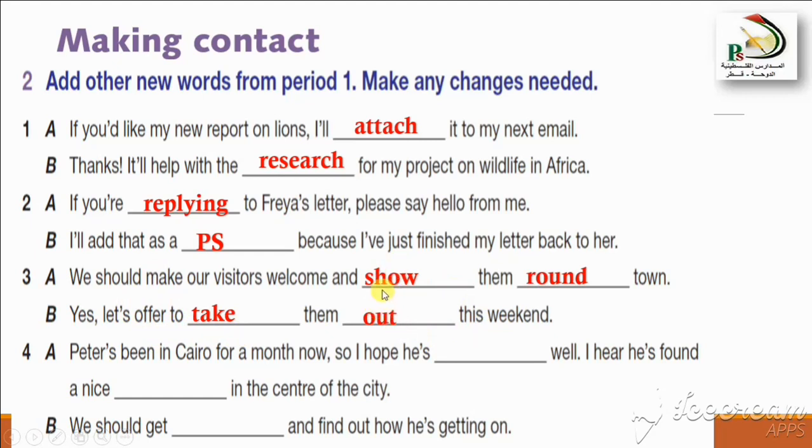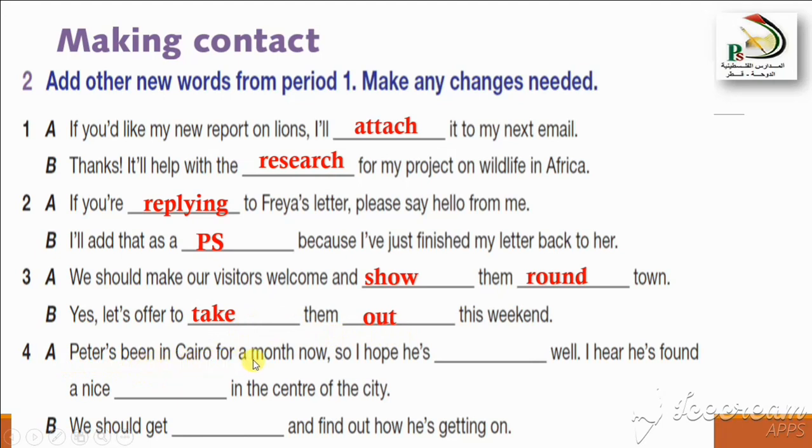So these 2 vocabulary mean that show them round, when you make visitors look at the new places and then you take them out from their location, from their homes. 4A.